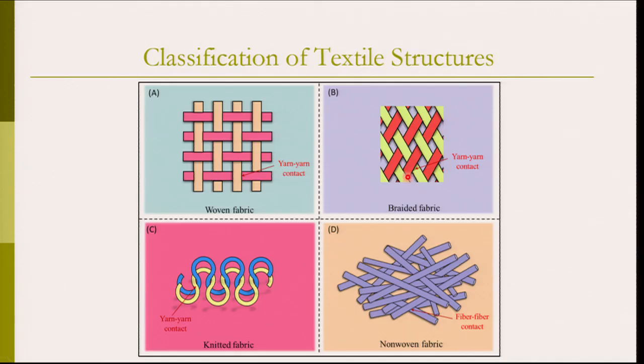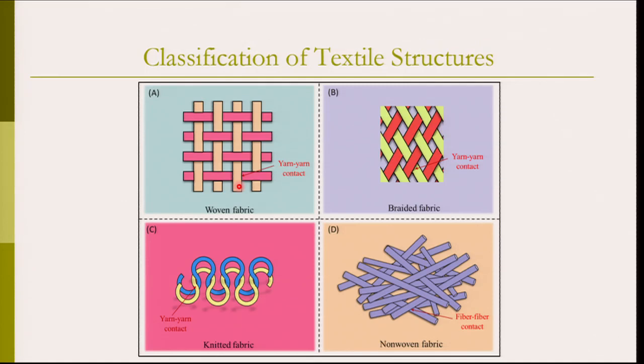The textile structures or textile fabrics specifically are classified in 4 different ways. The first one, in figure A, you can see a woven fabric, which is an interlacement of warp and weft yarns. As you can see, the cream color yarns are, let us say, warp and the pink ones are weft. Then the interlacement of warp and weft would produce a woven fabric.